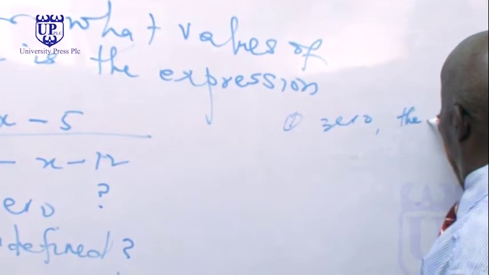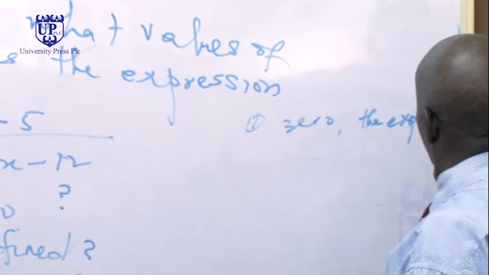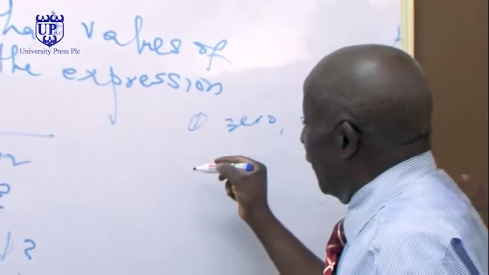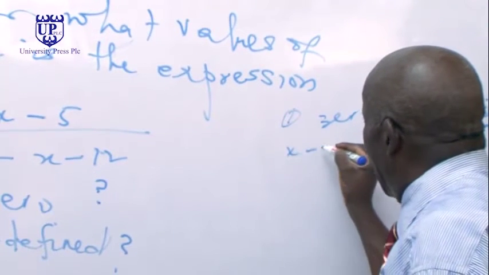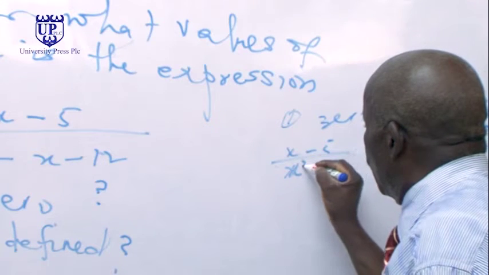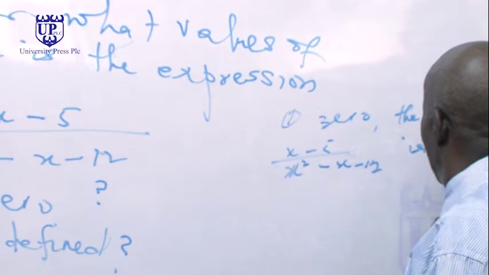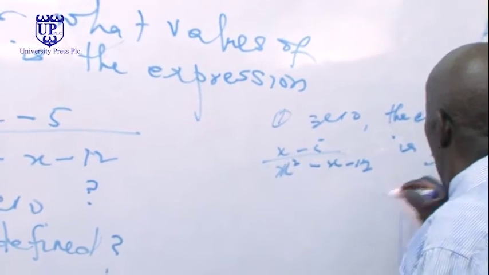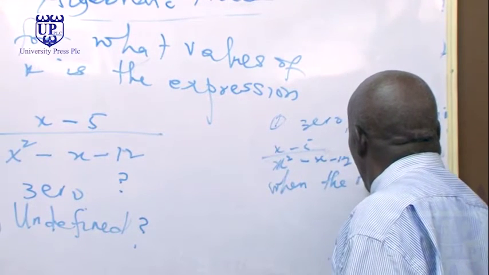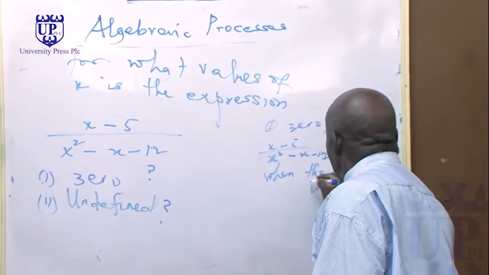The expression x minus 5 everything all over x raised to power 2 minus x minus 12 is 0 when the numerator is 0.